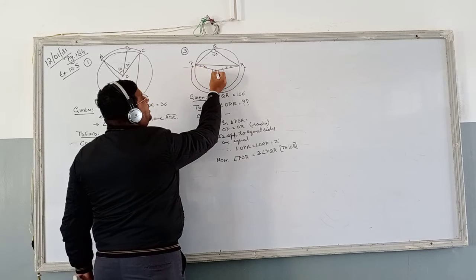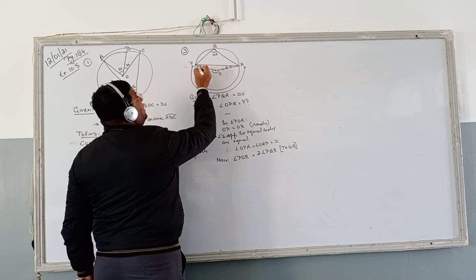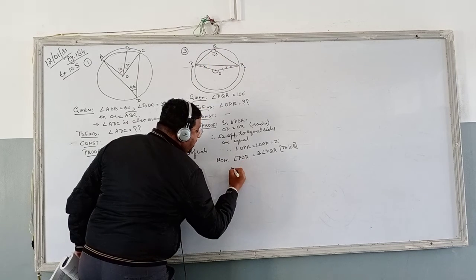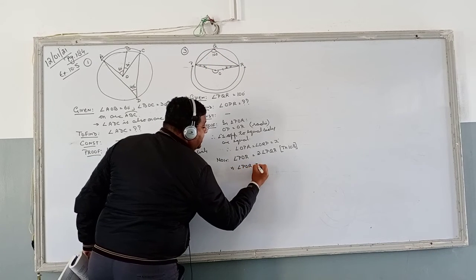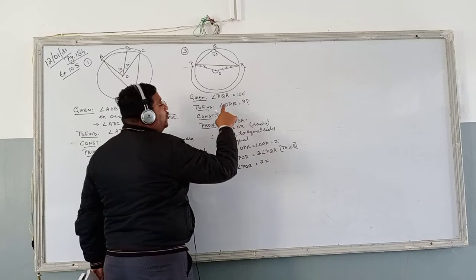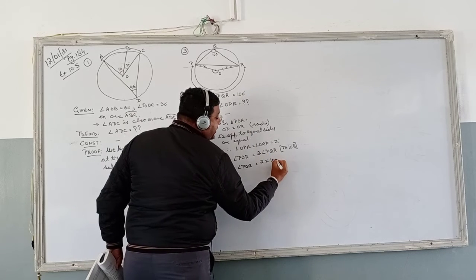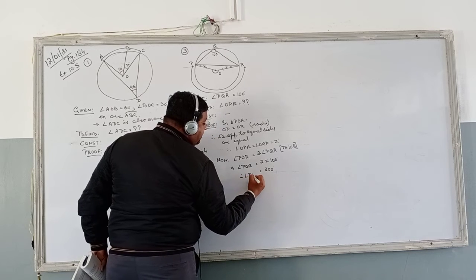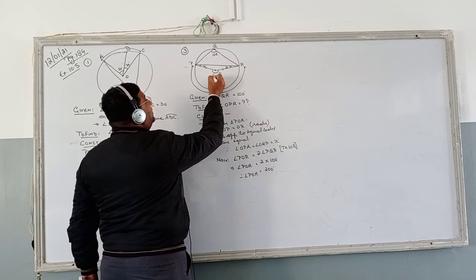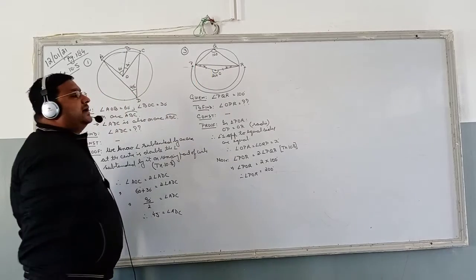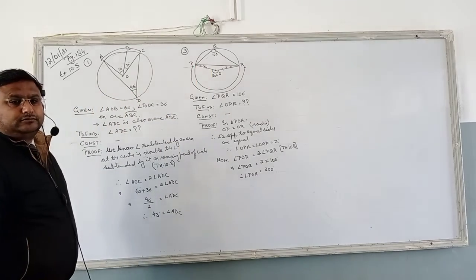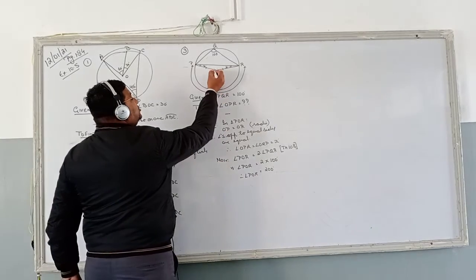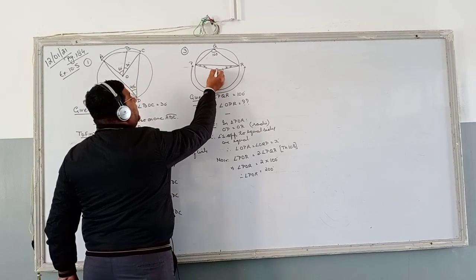One angle is POR here, another angle is PQR here. So angle POR, which we do not know, is twice angle PQR, which is 100. So 2 into 100, 200 degrees is angle POR. But this is not what is asked. Then check this O. How much is the total angle?